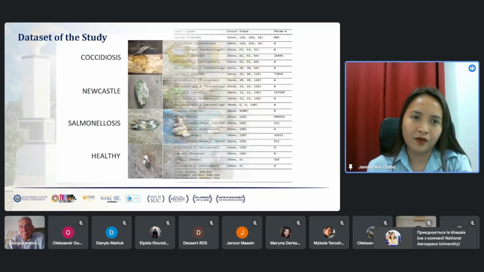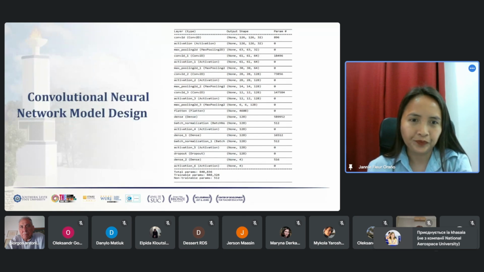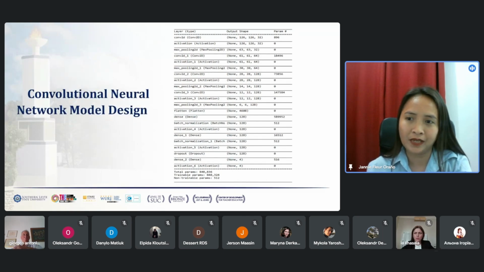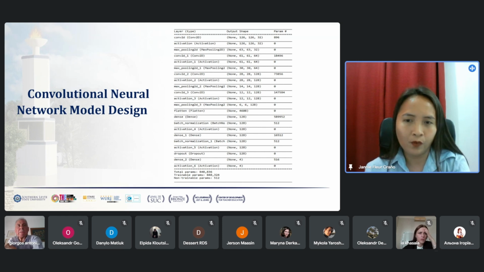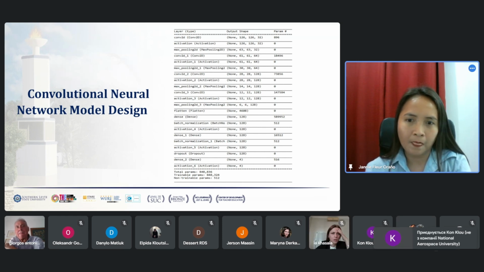For the design of our CNN, we configured it to have four convolution layers, namely 32, 64, 128, and 128 at different depths.